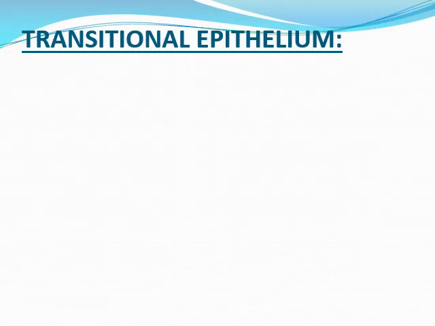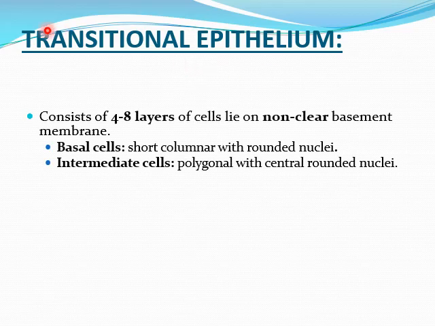The last thing we're going to talk about is the transitional epithelium. What do I mean by transitional? I'm changing, I'm not the same all the time, depending on whether the organ that this epithelium lines is distended or non-distended. It is about 4 to 8 layers lying on a non-clear basement membrane. The basal cells are short columnar with rounded nuclei.